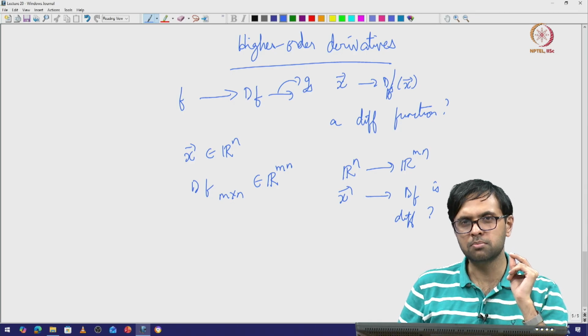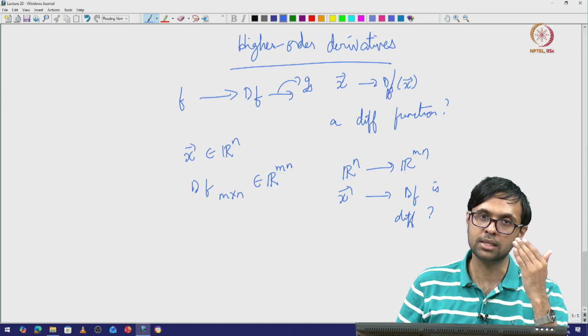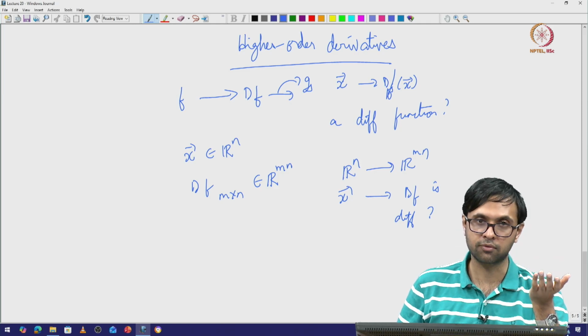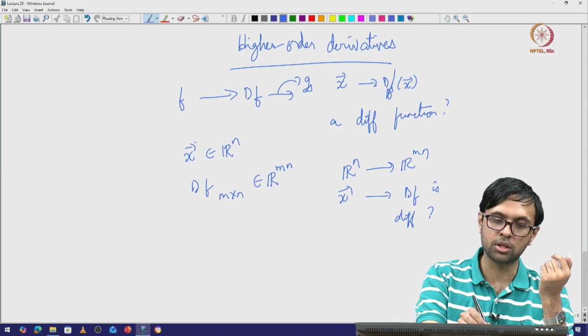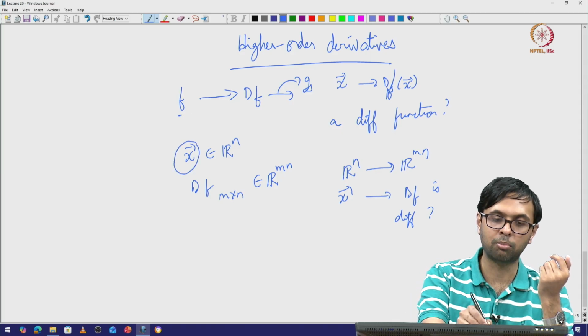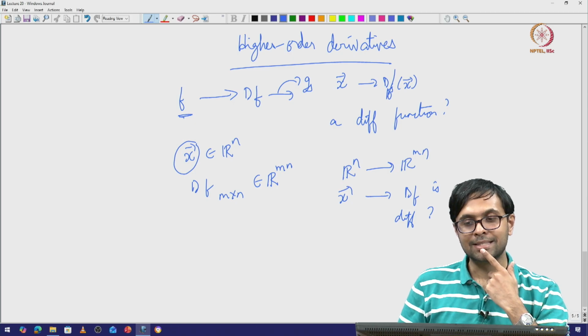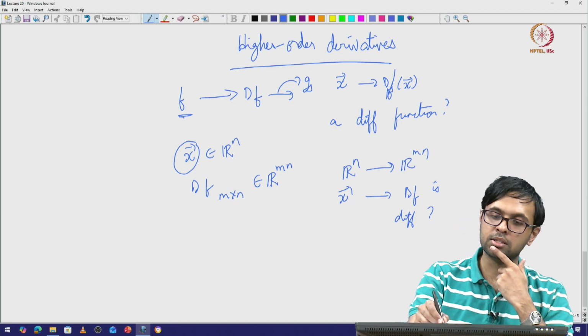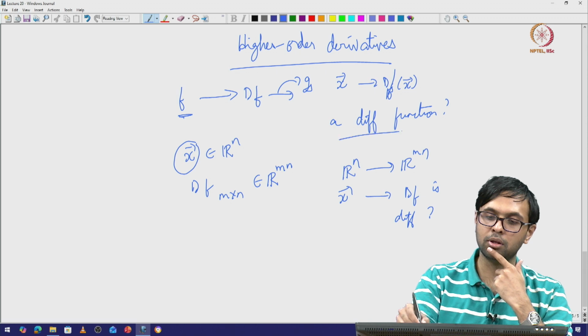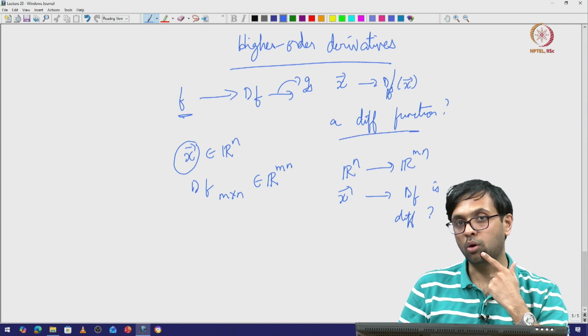So for this you need to be a tad bit careful. First of all, differentiability makes sense only on open sets for us. So first of all, we would assume that x is an interior point of the domain of f. Secondly, this function must be differentiable on a neighborhood of x, not only at x.